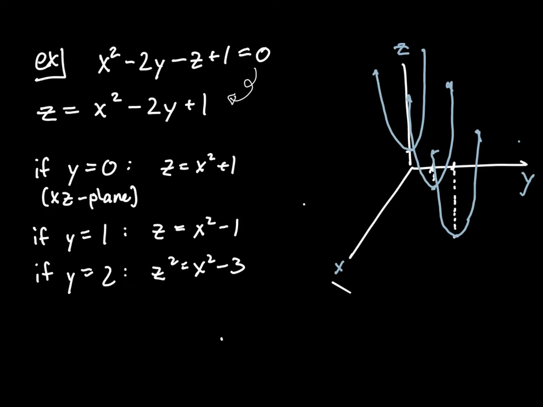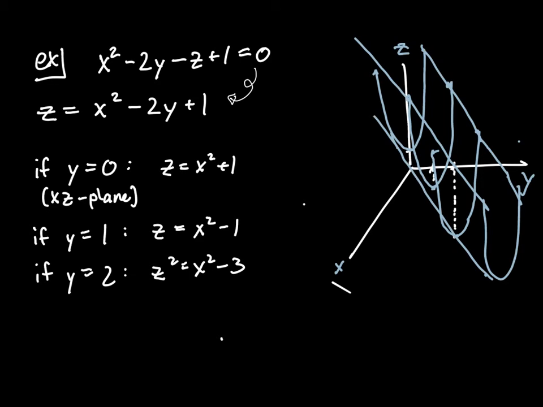And now if I connect this up, I get some sort of surface, and it looks like a folded sheet of paper folded into a parabola.